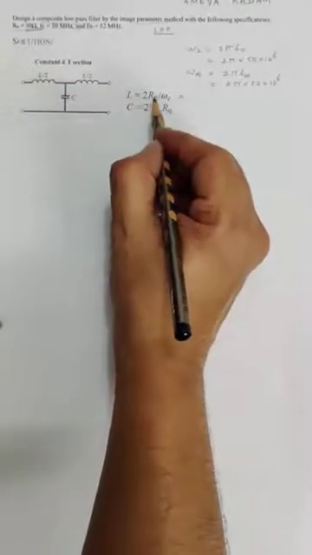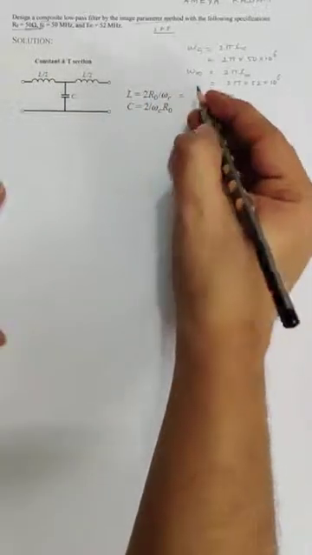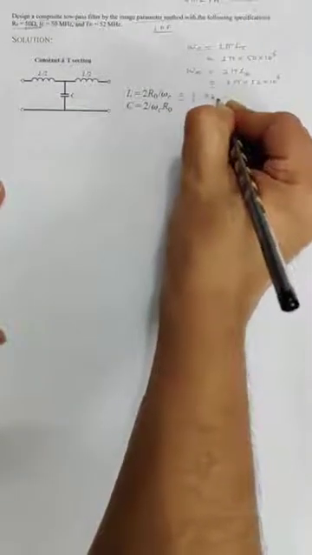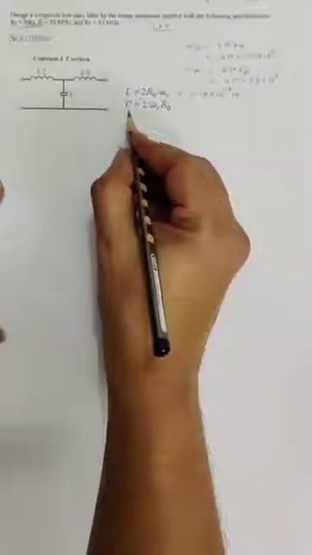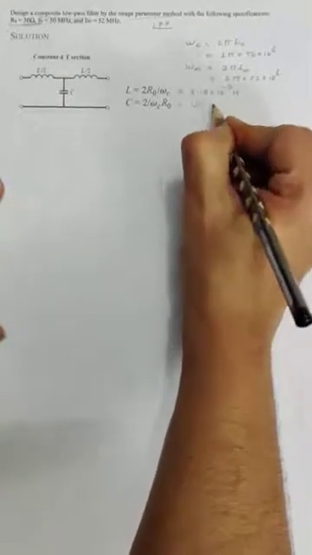So this will become 2 R0 divided by omega C, and it turns out to be 3.18 into 10 to the power minus 7 Henry, while the capacitor value turns out to be 127 picofarad.